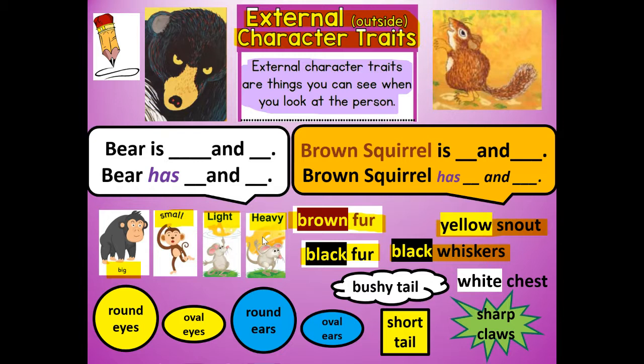All right, moving on. Does brown squirrel have round eyes or oval eyes? Brown squirrel has oval eyes. So for your third sentence about brown squirrel, you can write brown squirrel has oval eyes and round ears or oval ears.